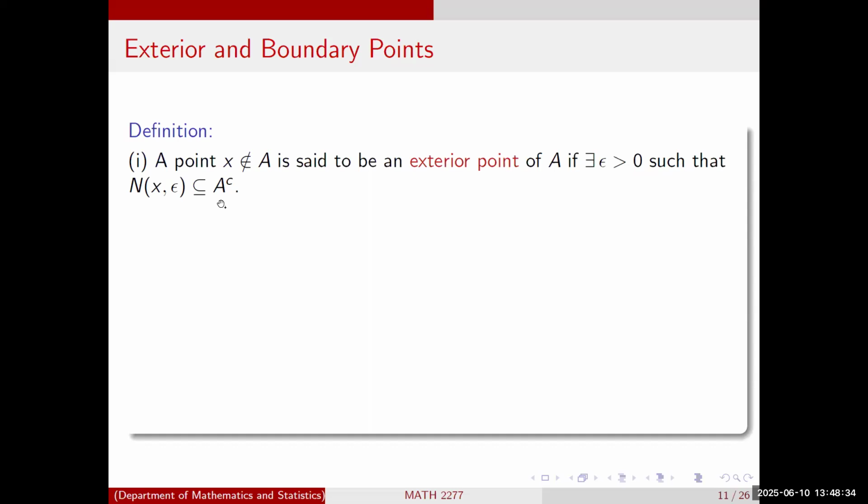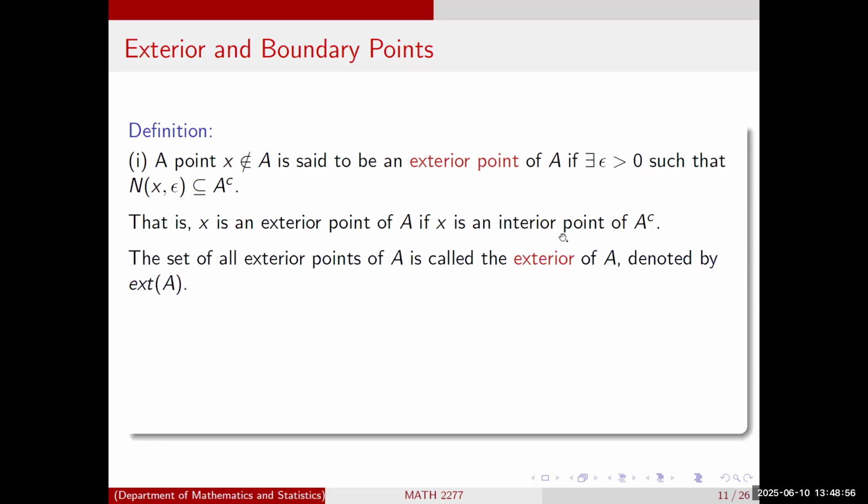This definition should look very similar to the definition of an interior point, but it's the interior point on the complement side. That is, X is an exterior point of A if X is an interior point of the complement, right?